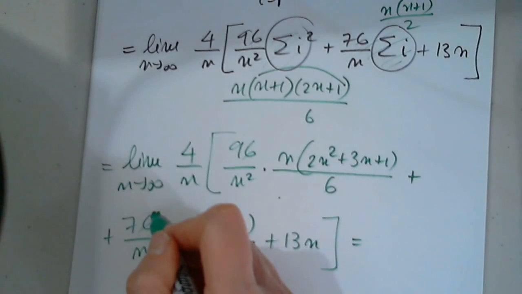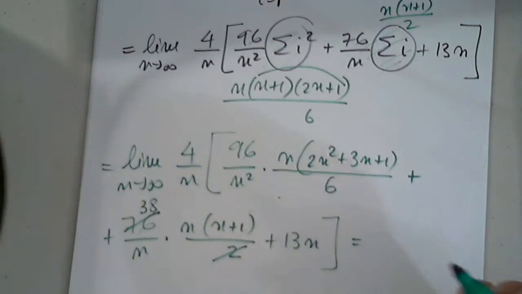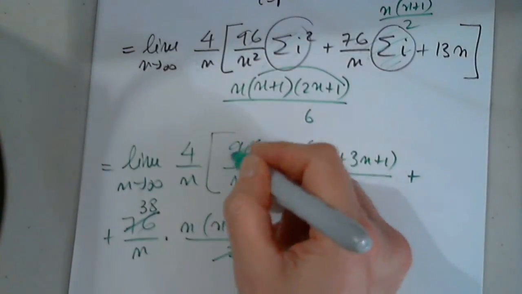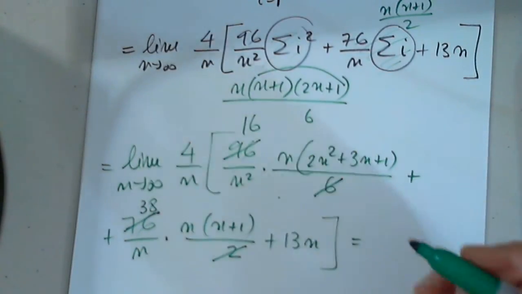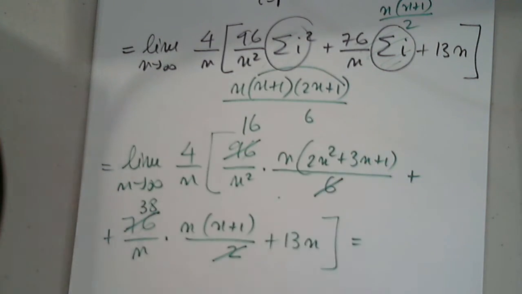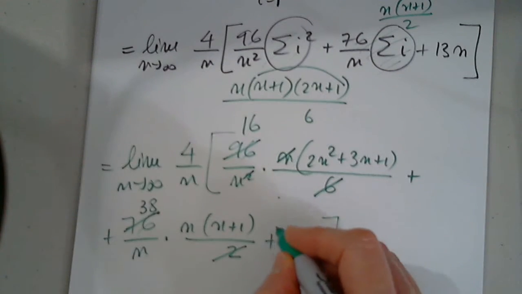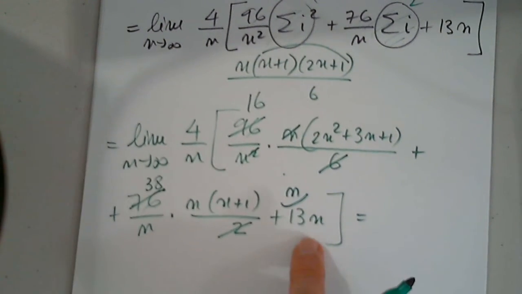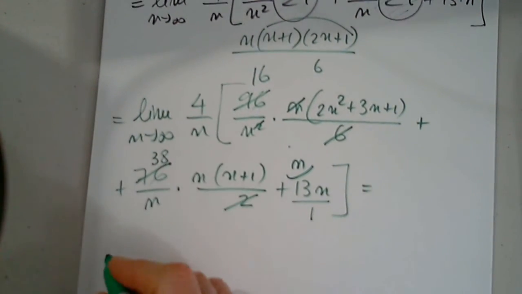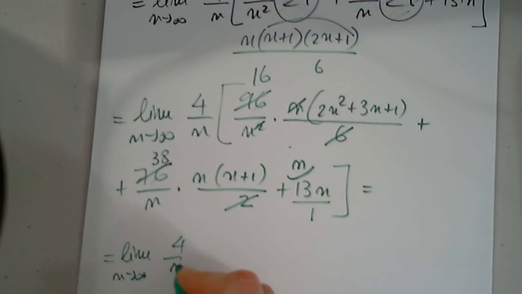So this will be 38 and this will be 16, right? Yes. And I will cancel out one n. And this will also take an n because it has denominator 1. So the least common denominator will be n.